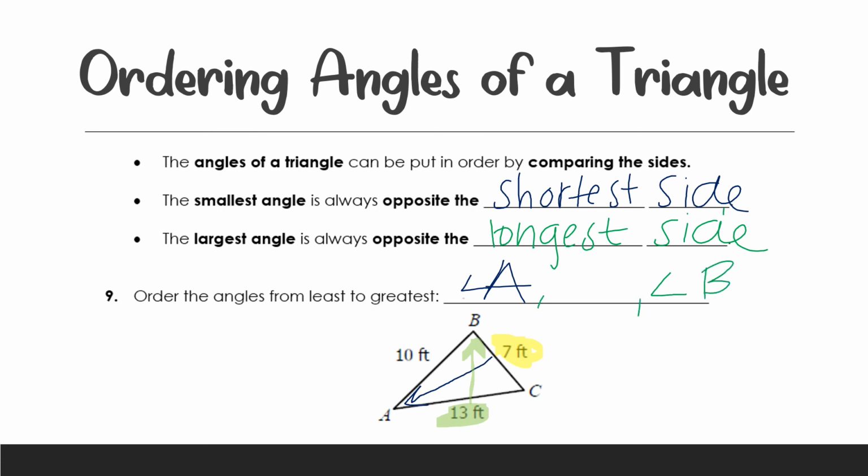Our medium side, which is 10 in this picture, AB, opposite that is angle C, that would be the medium angle. So again, angle A is the smallest angle because it's opposite the shortest side, which is 7 feet. Angle C is the medium angle because it is opposite the medium side length, which is 10 feet. And then angle B would be the largest angle because it's opposite the longest side, AC, of 13 feet.